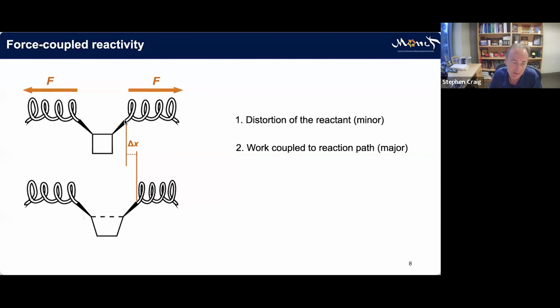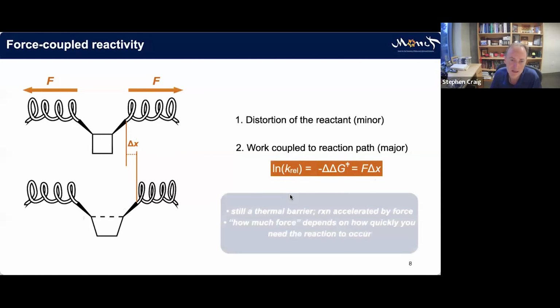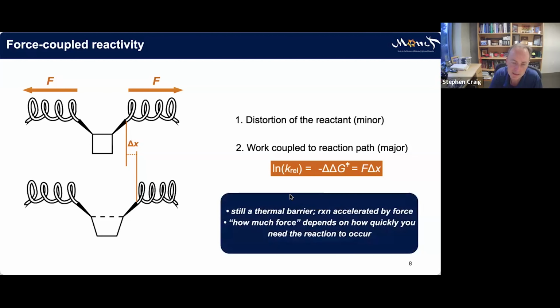And if that spring relaxes by a distance, say delta X here, then the energy that needs to go into the reactant from thermal fluctuations goes down by force times that distance, F delta X. And I can relate that change in activation energy to an expected change in essentially the logarithm of the rate constant here.